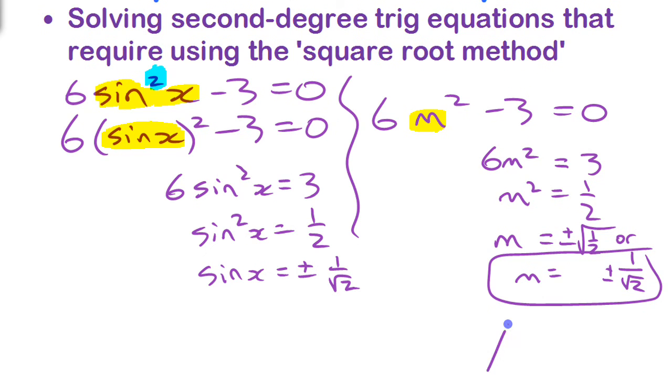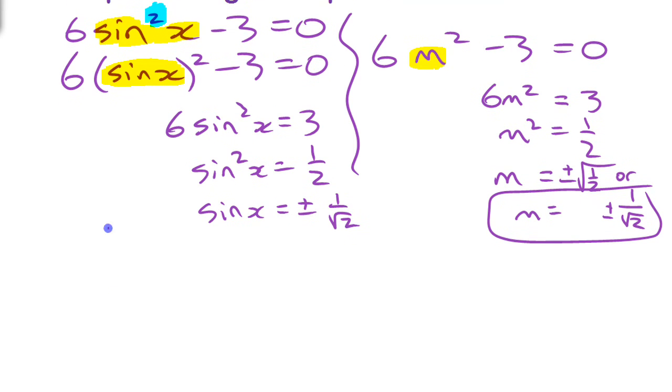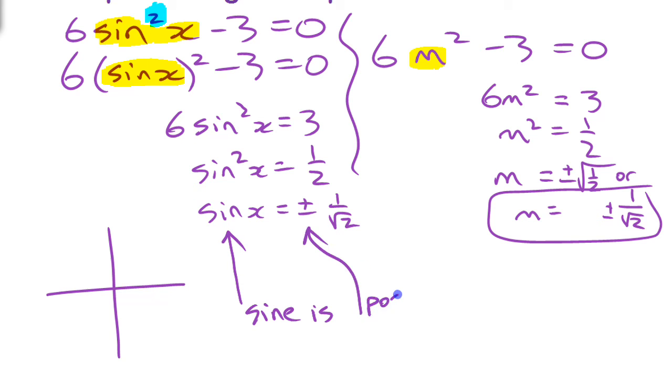Now that plus or minus is going to be really important here because there are 2 values instead of just a single value. This is going to mean more solutions. Think about where our solutions are. Because this is plus or minus, we need to look where sine is positive and negative.